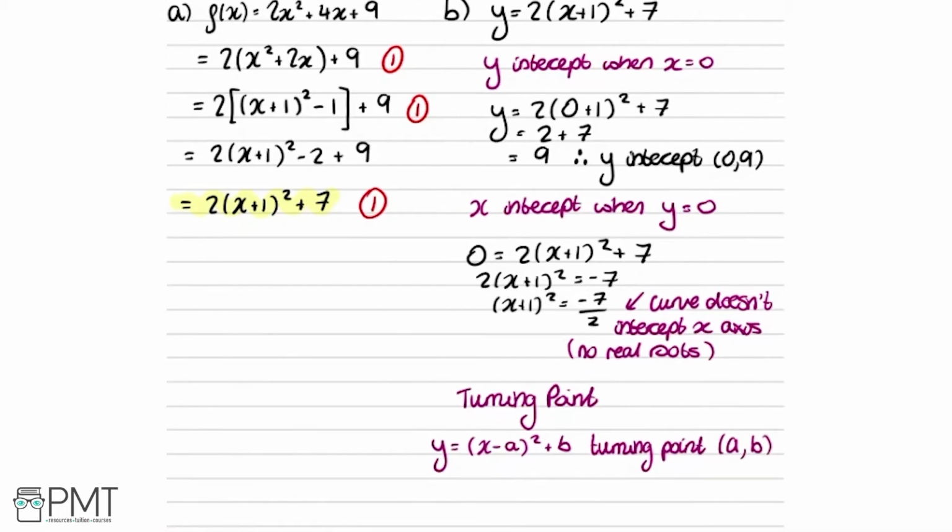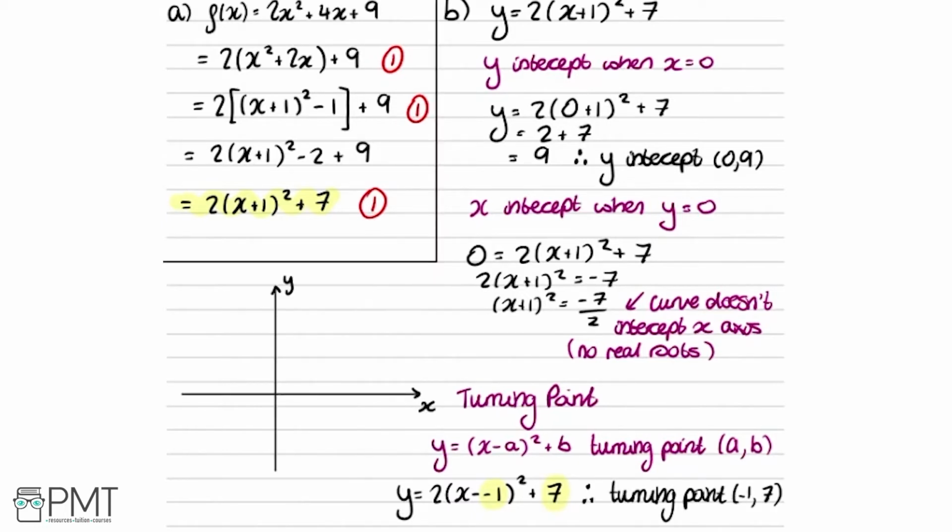Well, that's great because our curve is actually in that form, so we can easily work that out. So we've got y equals 2(x + 1)², but I'm going to write it as minus minus 1, because that just makes it easier to visualize, squared plus 7. Okay, so look at that, we can see that the turning point will be at (−1, 7).